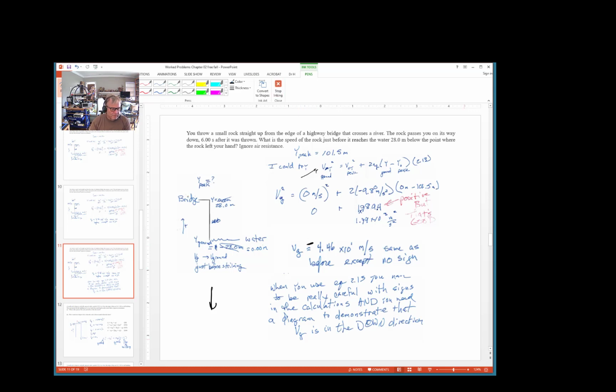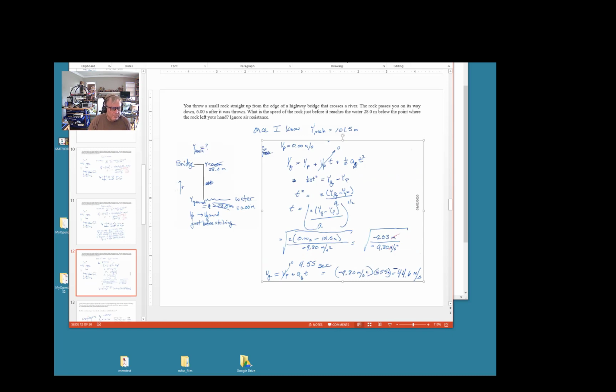Okay, so I am going to pause this for a minute. As I said, what I can do is use the one magic equation here.